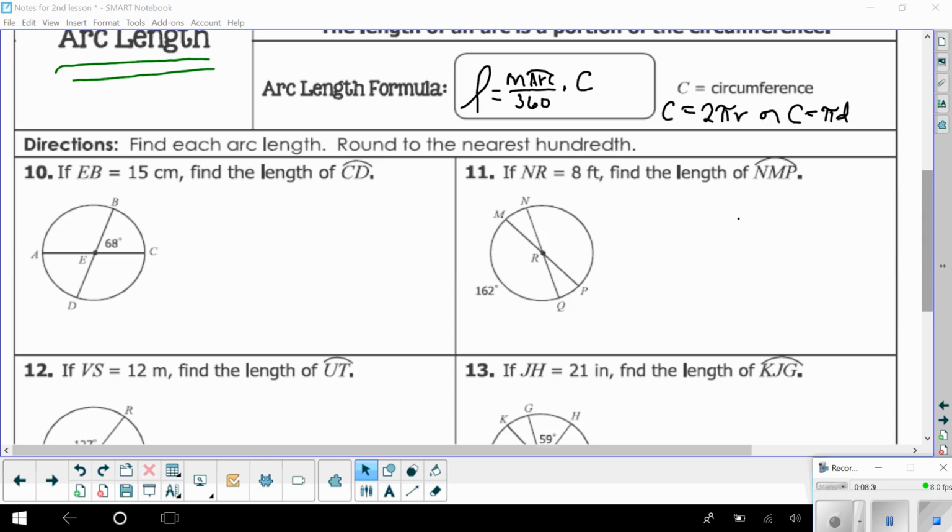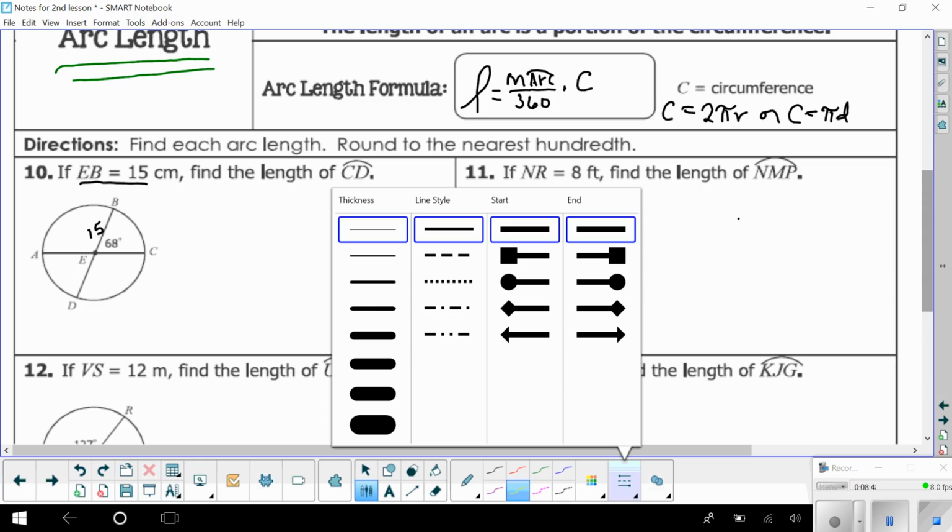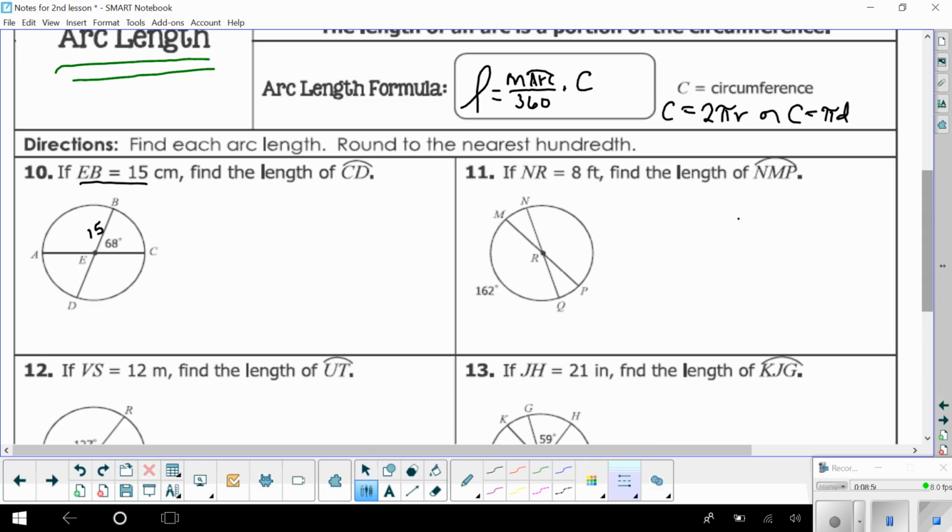So let's look at number 10. EB is 15. So this guy right here is 15. Find the length of CD. That's what we want to find right there.